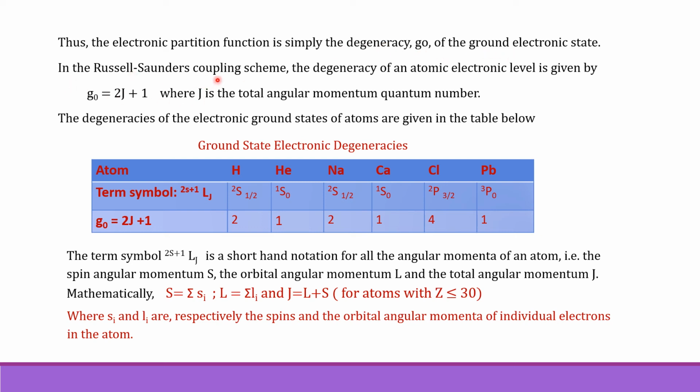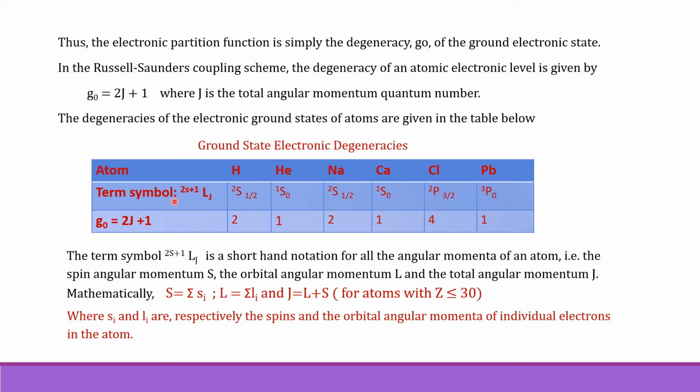In the Russell-Saunders coupling scheme, the degeneracy of an atomic electronic level is given by g0 is equal to 2J plus 1, where J is the total angular momentum quantum number. The degeneracies of the electronic ground states of atoms are given in the table below. This table represents the ground state electronic degeneracies of the atoms H, that is hydrogen, helium, sodium, calcium, chlorine and lead, that is Pb.